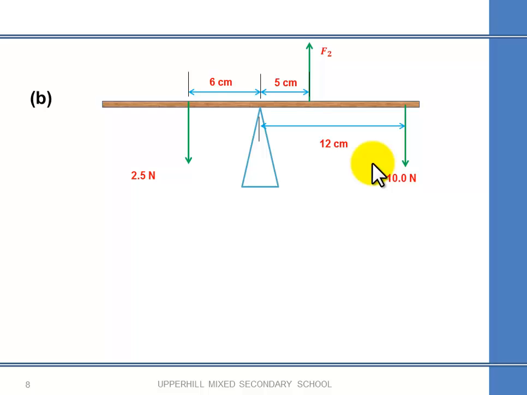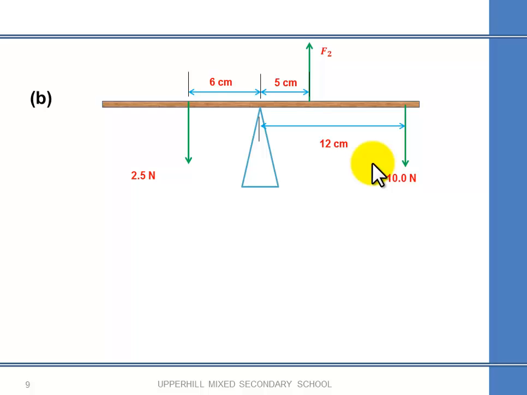In this question, we have two forces which are on opposite sides of the pivot, but they turn the system in the same direction, which is anti-clockwise.